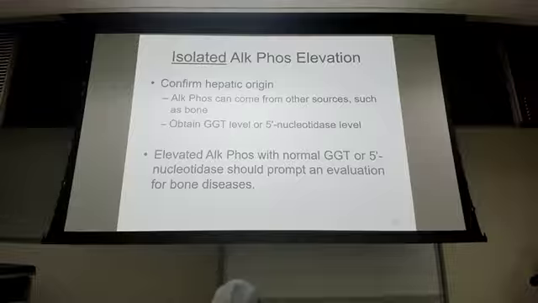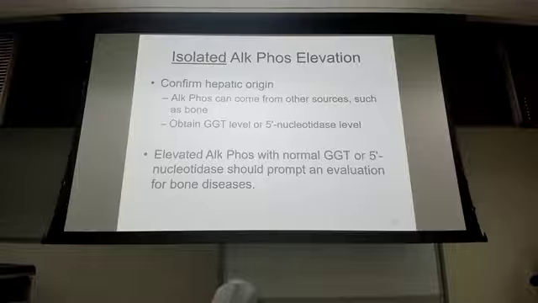I don't need you to know all that. I need you to know that when ALP is isolated and elevated, you're going to confirm that it's come from the liver by getting a GGT and the 5-nucleotidase enzyme. So get that level. Another piece of the picture that you can order with that blood draw that you're getting to send off for the LFTs.